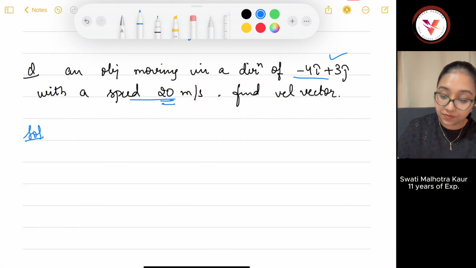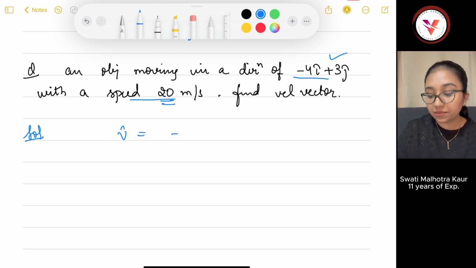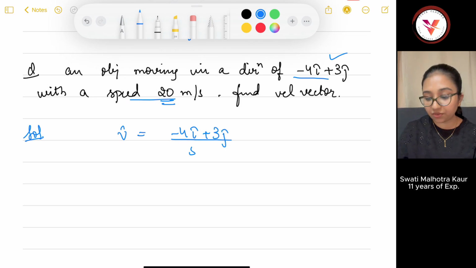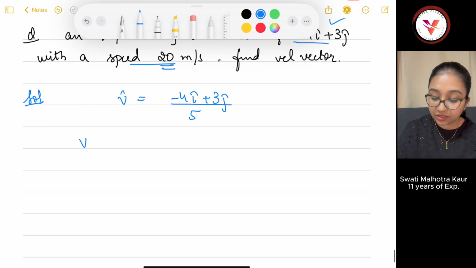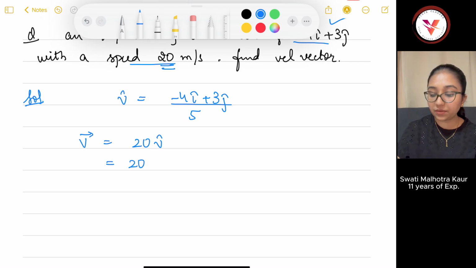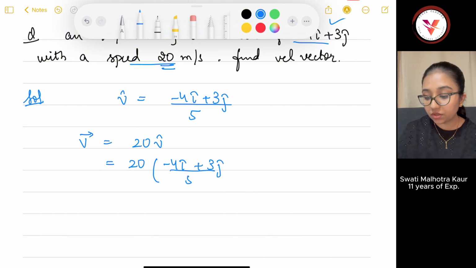So for the direction, v cap is simply minus 4i cap plus 3j cap over the square root of 16 plus 9, which is 25, that is 5. And then the velocity vector will become 20 times this v cap, that is 20 times minus 4i cap plus 3j cap over 5.